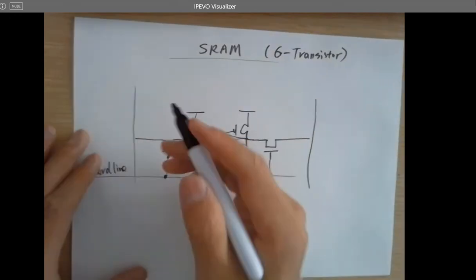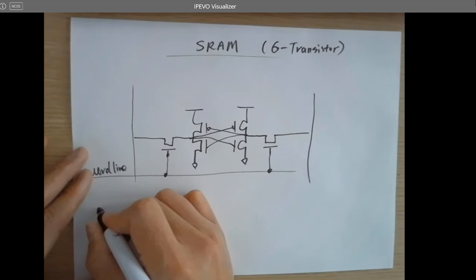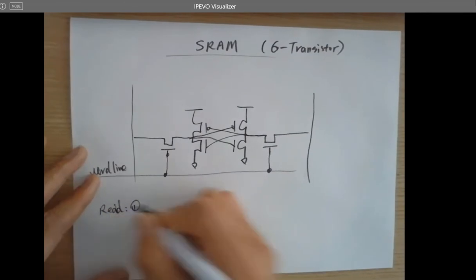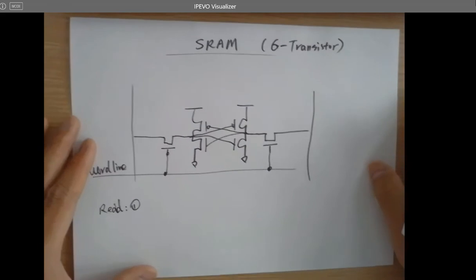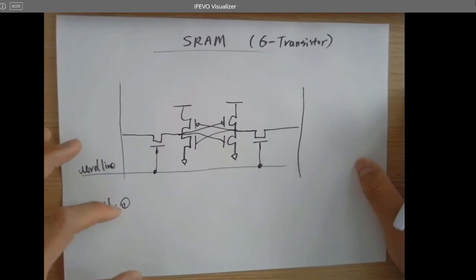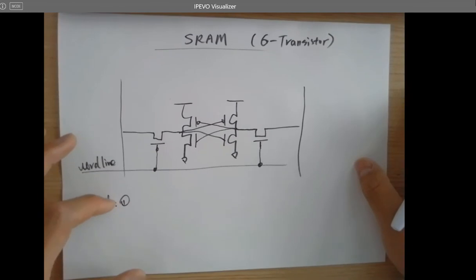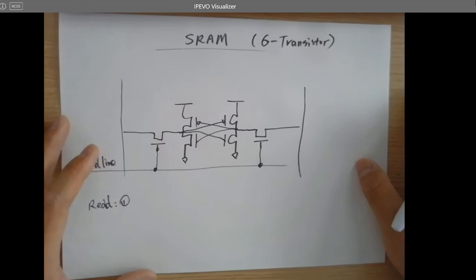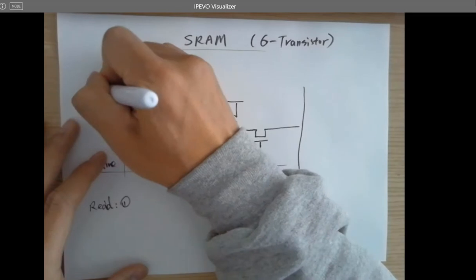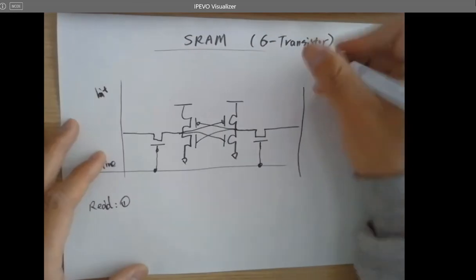And the first step for the read operation is what? You remember it? Keep in mind, I may have a question for you on the final exam to let you describe the operation procedure for the SRAM or DRAM. So what's the first step? Yeah, pre-charge the bit lines, both the bit line and the bit bar line.